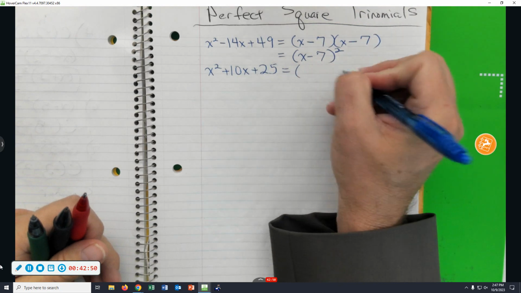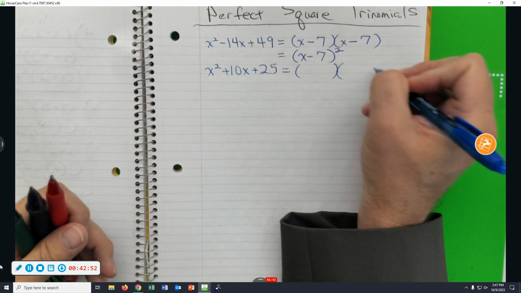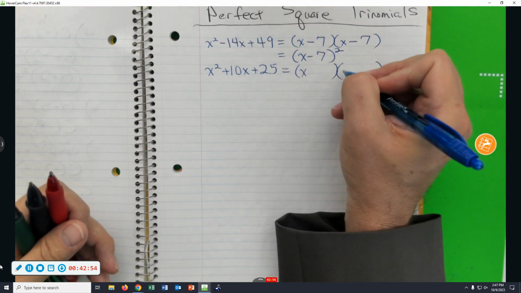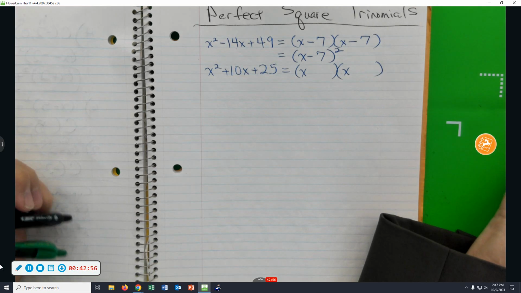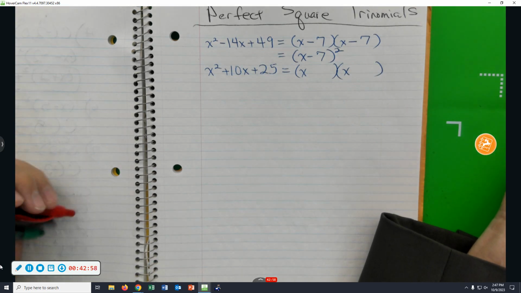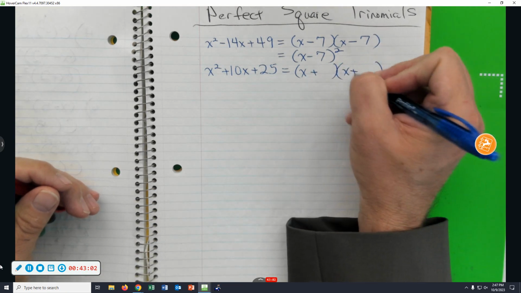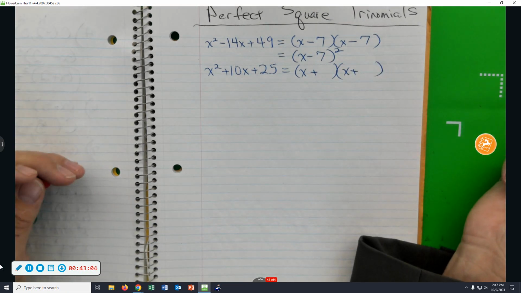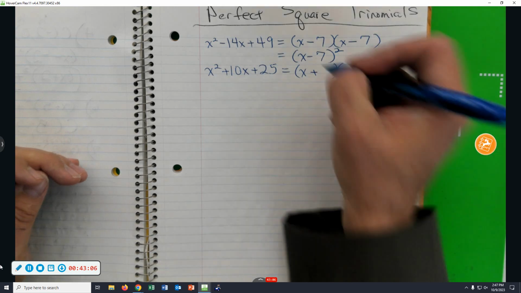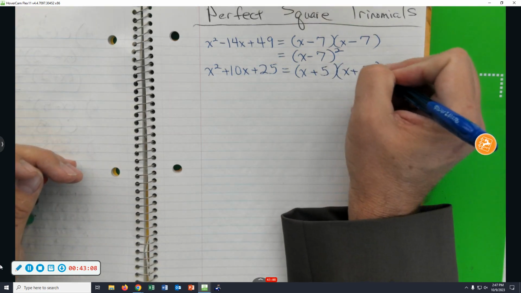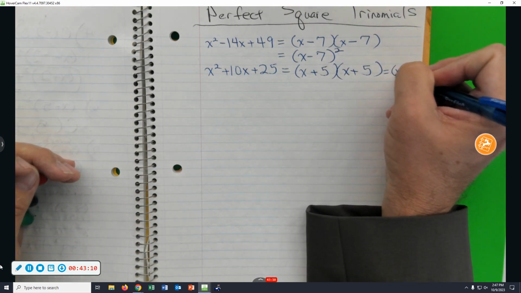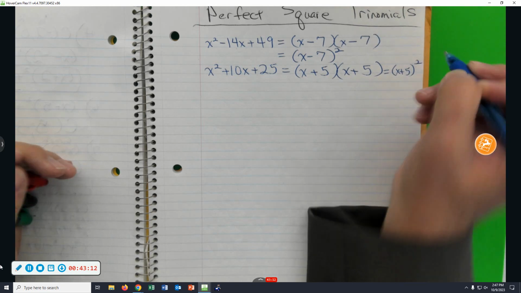How will that factor? X times x. What do we know about the signs? Okay, the last sign's a plus, so two of the first signs. What times what gives us 25? 5 and 5. So that becomes an x plus 5 quantity squared.